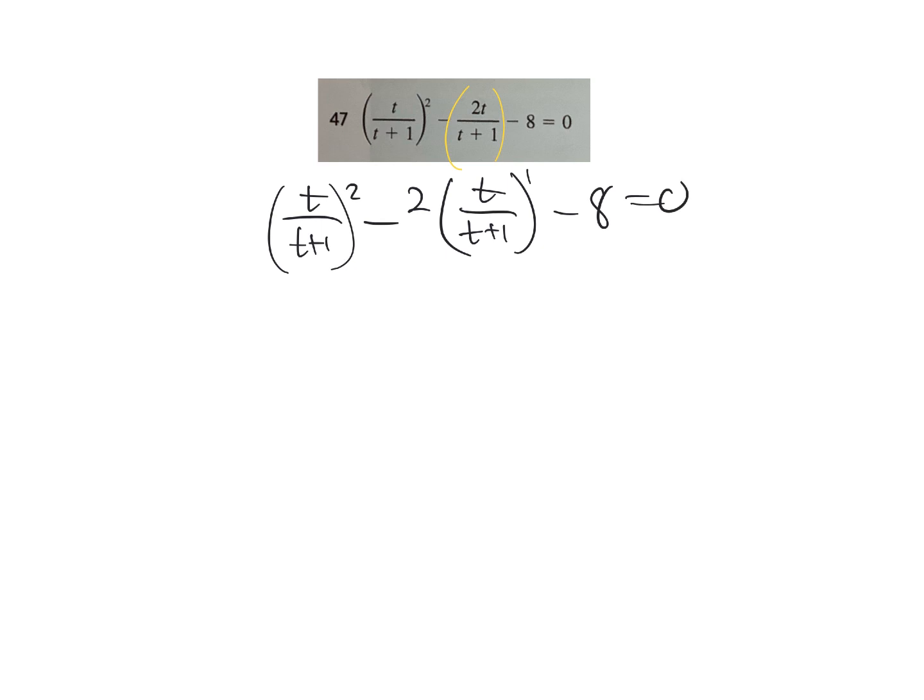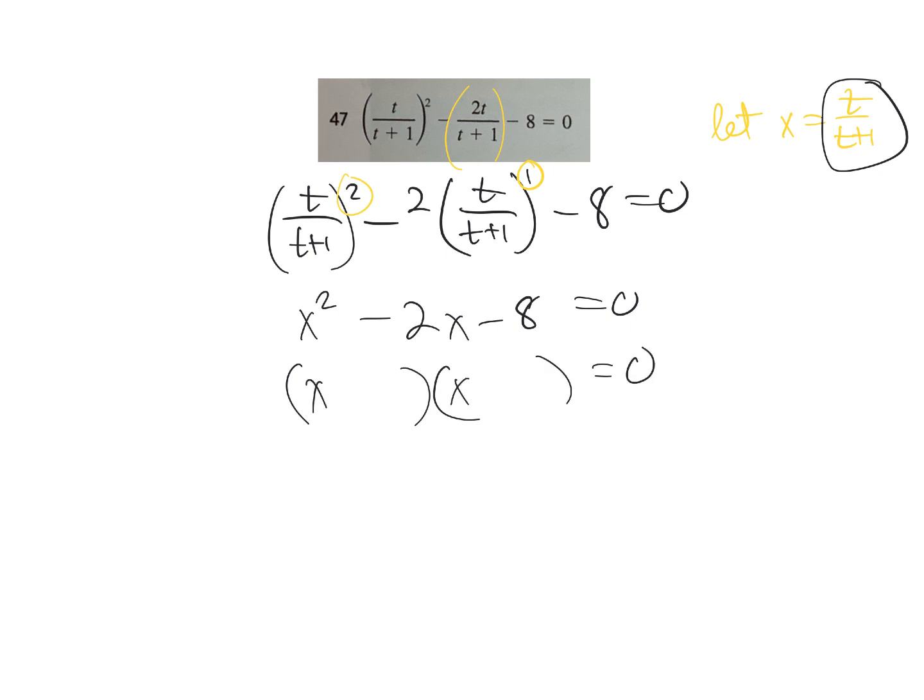So notice that this exponent is half of that one. It looks like a trinomial. So if that is ugly to you, substitute. So let's let x equal t over t plus 1. That parentheses, and rewrite it. So x squared minus 2x minus 8. And we'll substitute t over t plus 1 back in when we're done factoring.